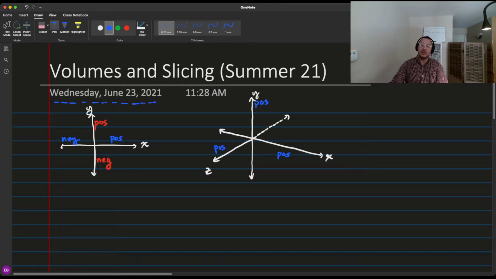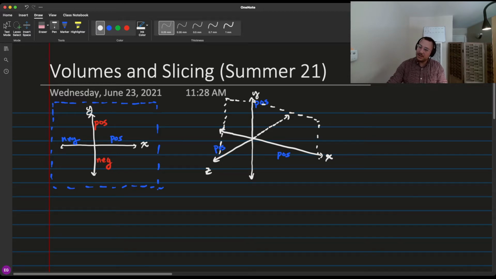The reason we're doing it like this right now is that it matches your intuition about x being horizontal movement and y being vertical movement, and then our new axis pops out of the sheet of paper that x and y used to be on. Does it make sense that you can imagine there's this sheet of paper for the x, y plane here? And the z-axis is what comes out orthogonally, or perpendicular, from that sheet of paper that the xy plane used to be on. Okay?